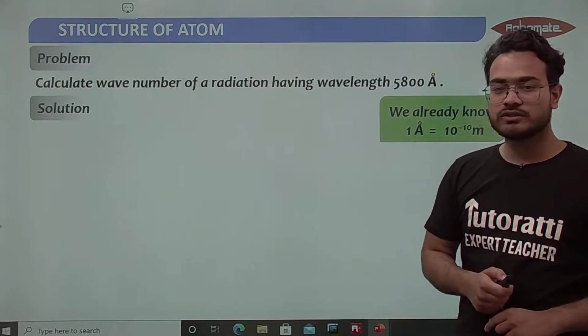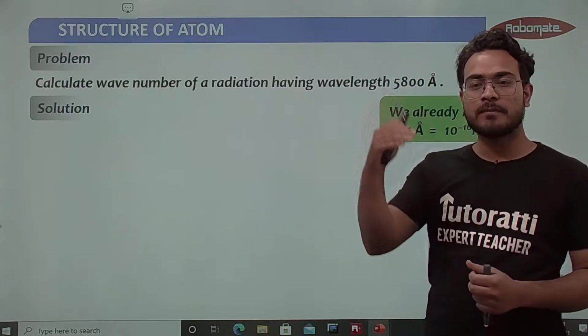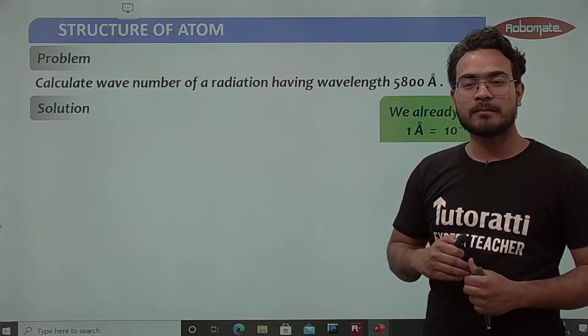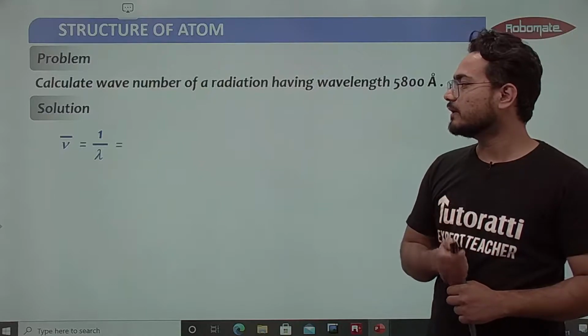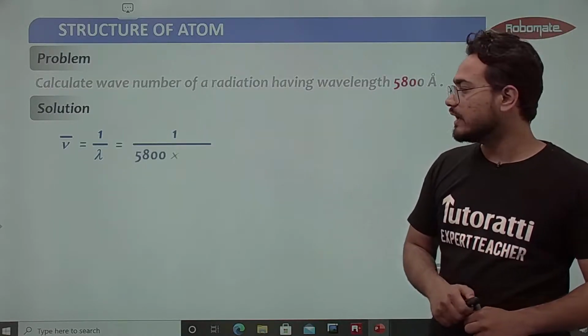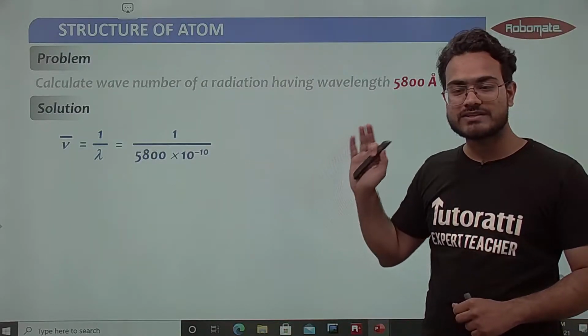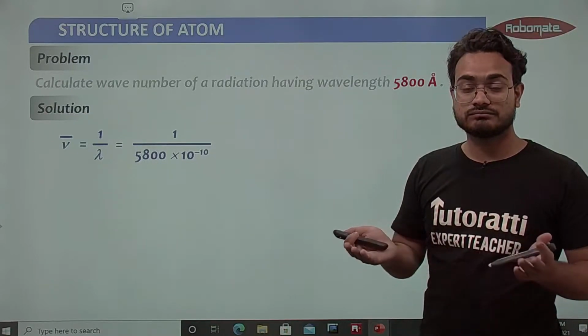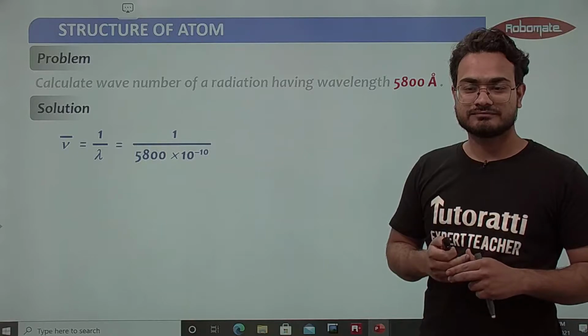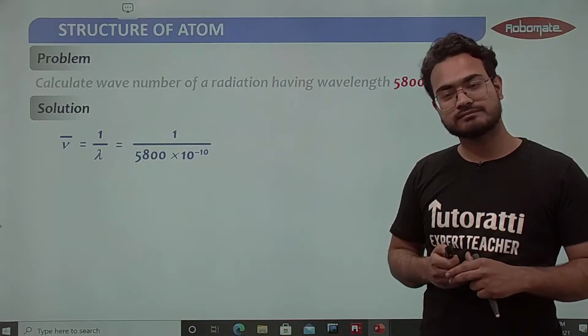So what is the solution? Wave number is 1 upon lambda, 1 upon wavelength. Just put the wavelength. Lambda is 5800 into 10 to the power minus 10. Look at the power of the 10.